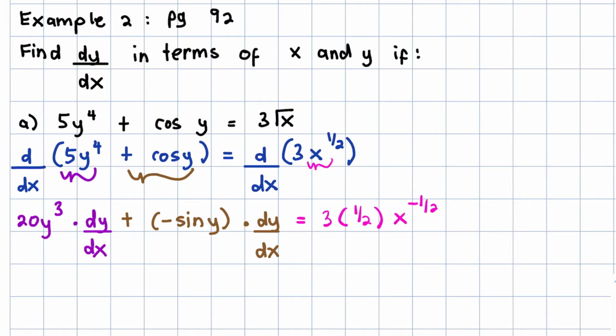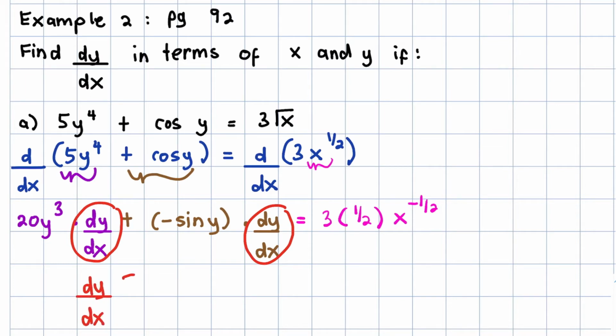Now the next step is you need to make dy/dx the subject. If you look here, you have two terms, the first term and the second term. These two terms have dy/dx, so you can factor out dy/dx.